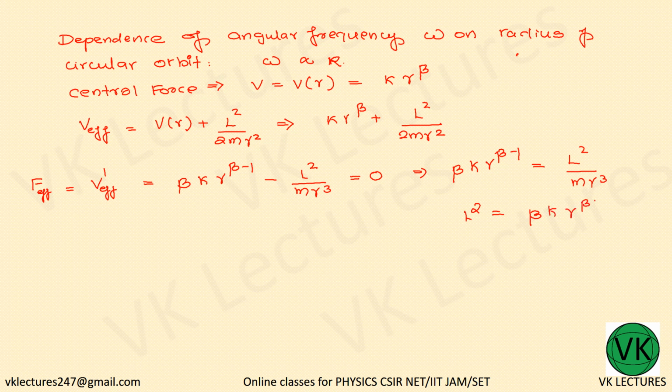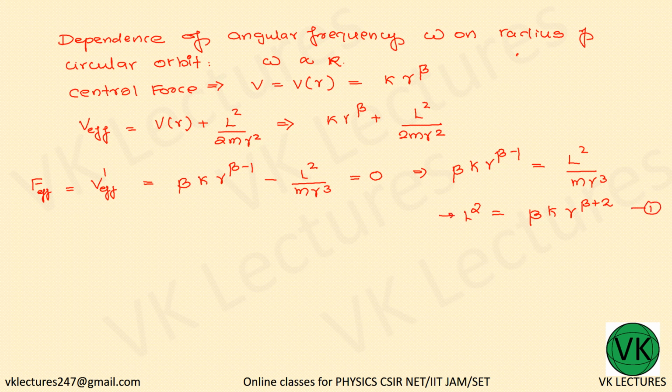So this is what we have: L square is equal to beta k r to the power beta plus 2. Let this be equation 1.